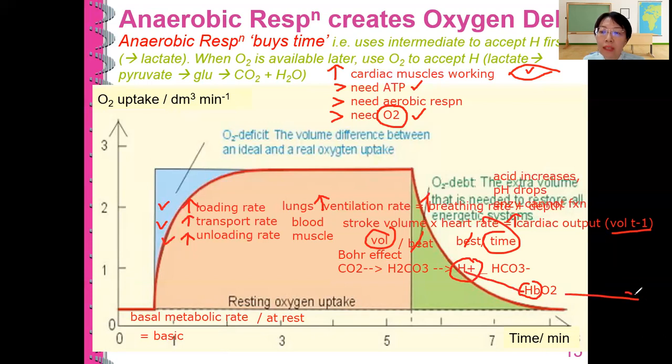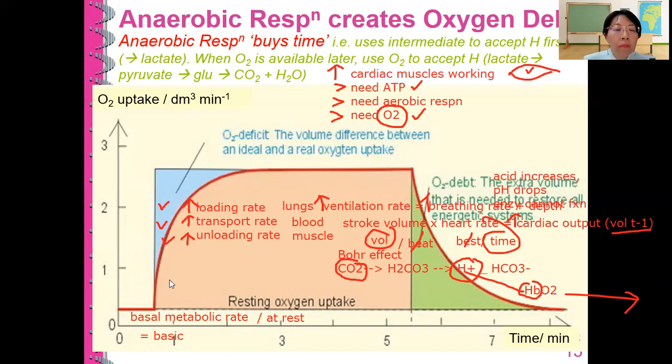That's why oxygen is being released. So that's why whenever the partial pressure of CO2 is high, the oxygen dissociation curve will shift to the right side, because hemoglobin will release the oxygen. It has lower affinity for oxygen because it has a new partner, H plus. Therefore, it has higher affinity for the new one. Okay, right. So can you see that?